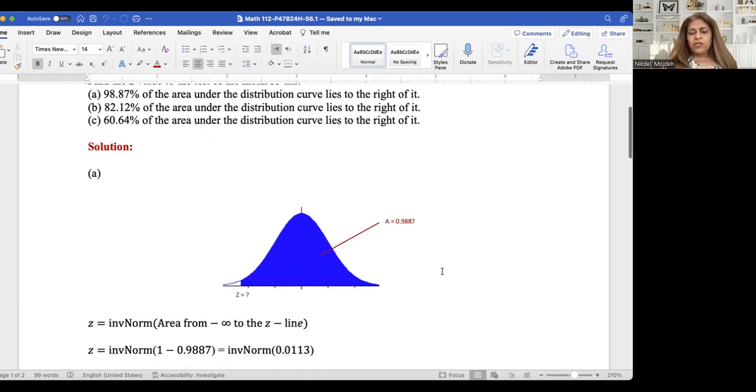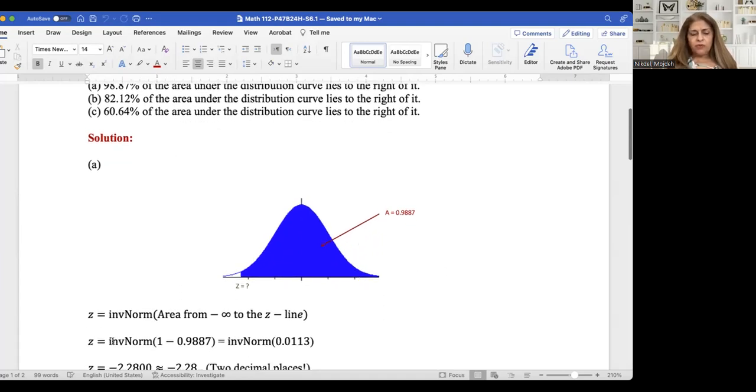Now, what is the z? Z is the inverse norm of the area from negative infinity to the z line. I need to find the area of this little piece, that white piece.